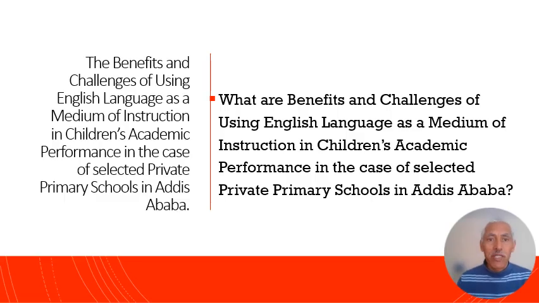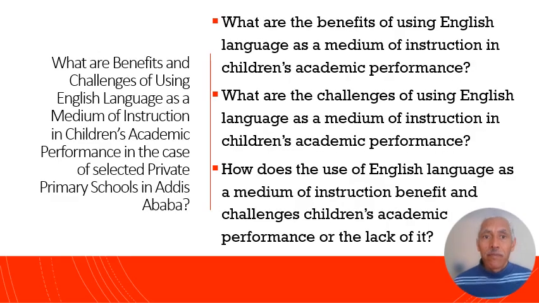The central research question would be, what are the benefits and challenges of using English language as a medium of instruction in children's academic performance in the case of selected private primary schools in Addis Ababa? So that is the central research question. Where did we get it from? We got it by changing the research problem into a question.